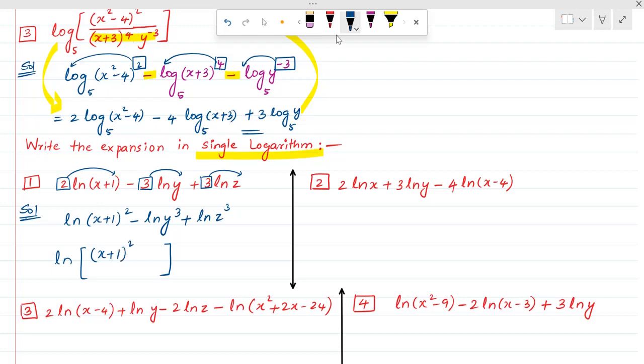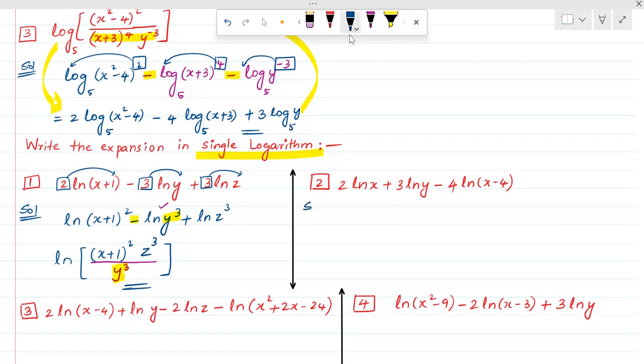Because it's a plus, it is in the numerator. If it is a minus, I will write it in the denominator. What is the minus term here? This term, therefore it will come in the denominator. Now the plus terms go to the numerator, that is power 3. Whenever you have a minus term, it comes in the denominator. Whatever terms have a plus go to the numerator. That's it.